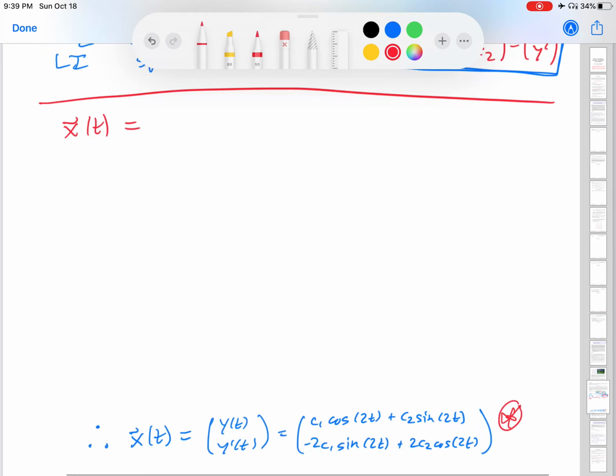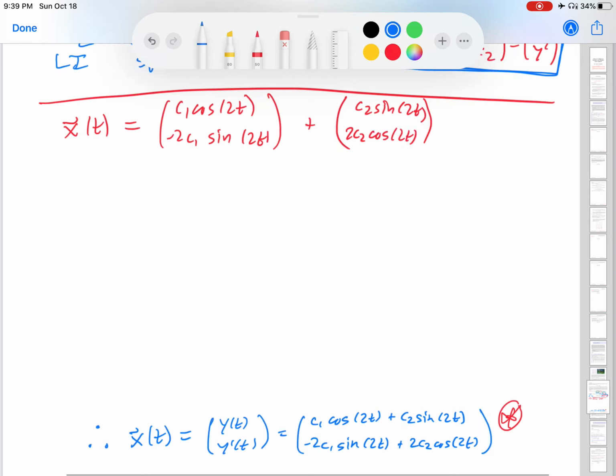I'm going to break up this one vector into this vector plus that vector, and I can certainly do that. I'm going to write c1 cosine of 2t, and then minus 2c1 sine of 2t, plus this other vector, c2 sine 2t, and then 2c2 cosine 2t.